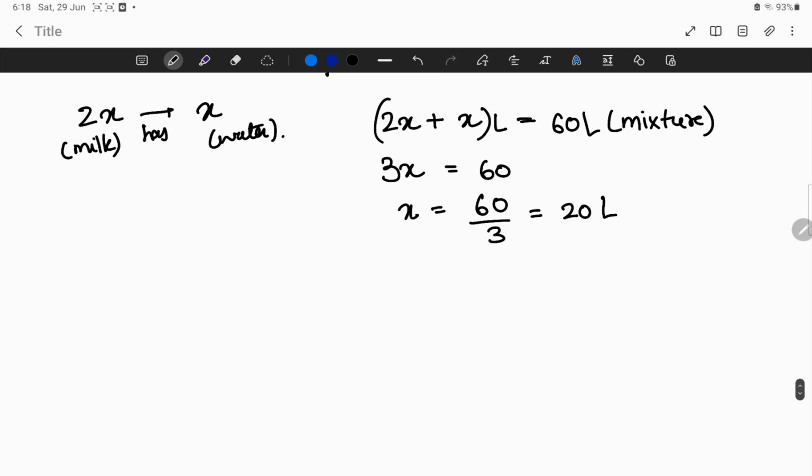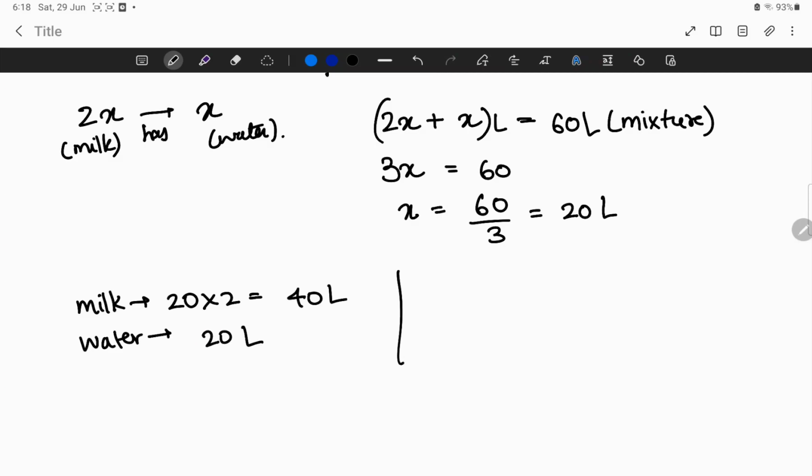Now this means your x is 20 liters, so your milk quantity is 20 into 2, which is 40 liters, and your water is 20 liters.